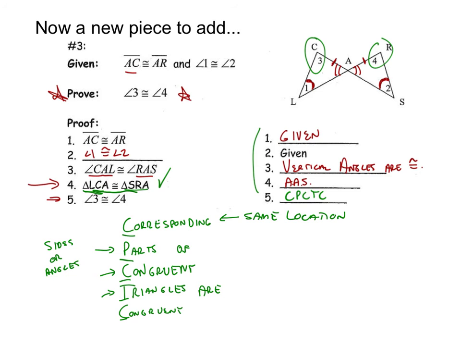Now we're saying those pieces are also congruent. So we prove our triangles congruent, and then we go back and say some of the pieces I didn't use are still congruent as well. So this is what I use, CPCTC, 5 letters.